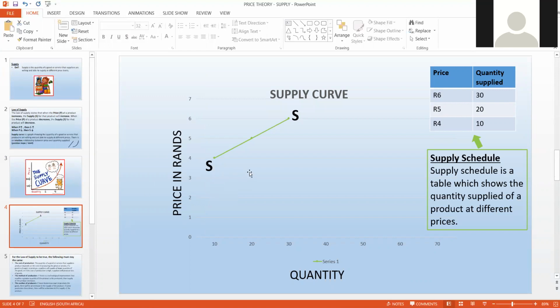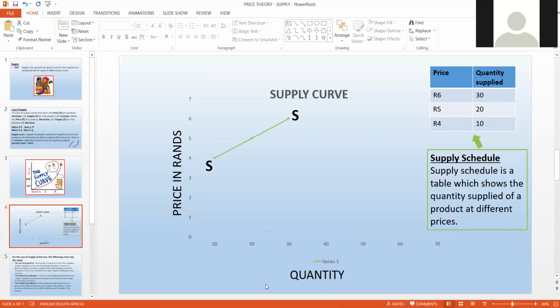Sometimes we have graphs that go like that, maybe not even in an even curve. That's also perfectly fine. We use the information that's given on the supply schedule, and we basically plot those points, and then we connect them with a line. So don't get a scare if you sometimes find a curve that's not a straight line or a nice neat curve, if I can put it that way.